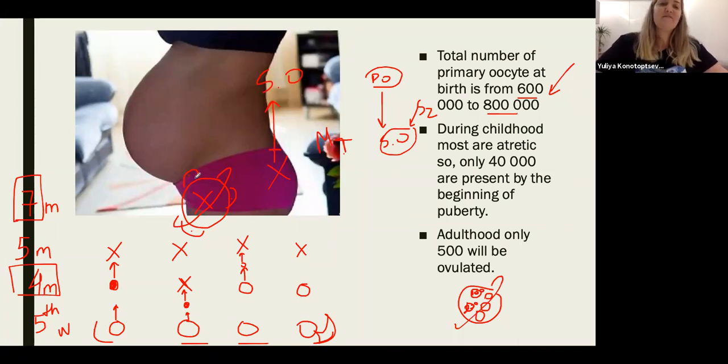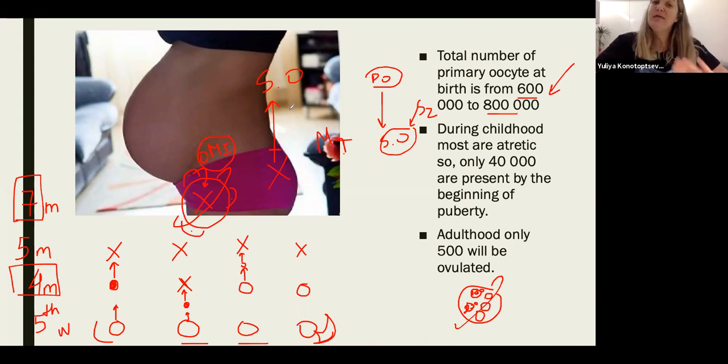It is the follicular cell that surrounds it. Follicular cell that surrounds the primary oocyte secretes a substance, and the substance is called OMI. OMI stands for oocyte maturation inhibitor. In the presence of oocyte maturation inhibitor, primary oocyte stays in the prophase of meiosis 1, and it doesn't divide to become secondary oocyte.